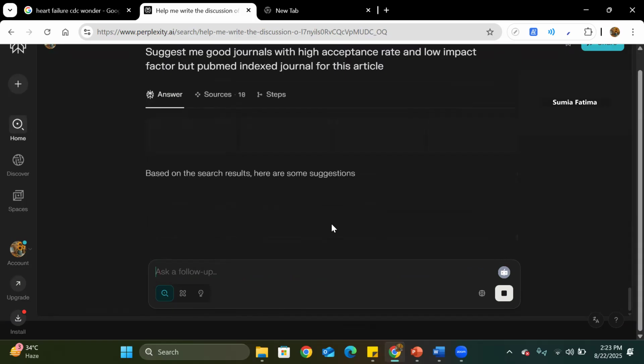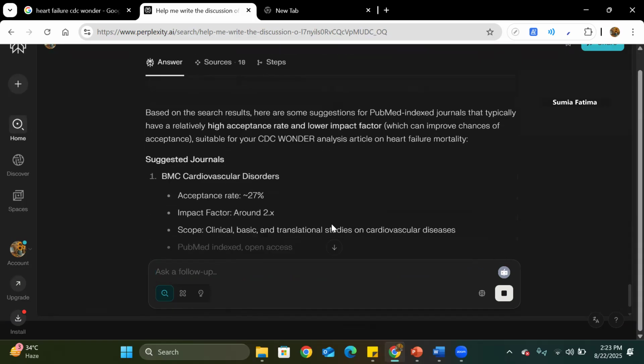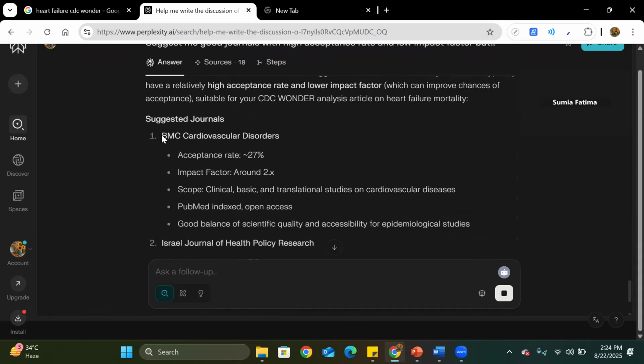Okay, let me see. It has suggested some journals. It's saying that you can publish in BMC Cardiovascular Disorders. Its acceptance rate is good. Impact factor is around 2, and it's PubMed indexed and also open access, and it's a good one.